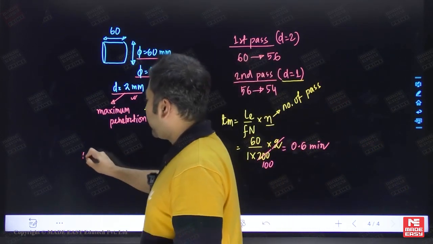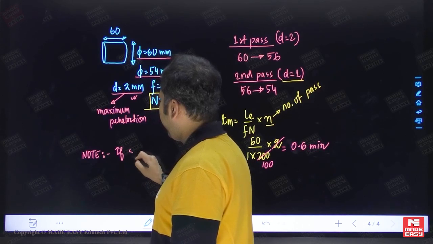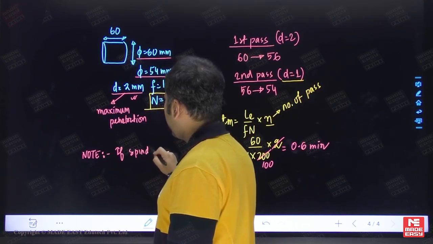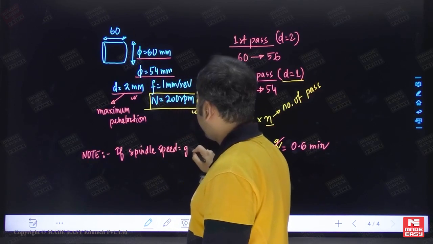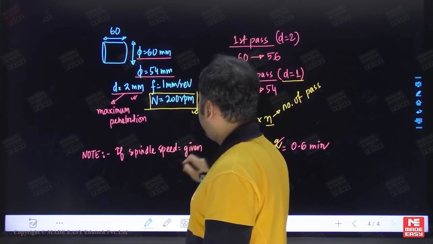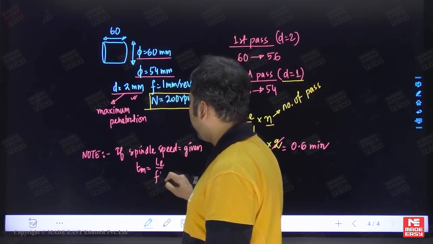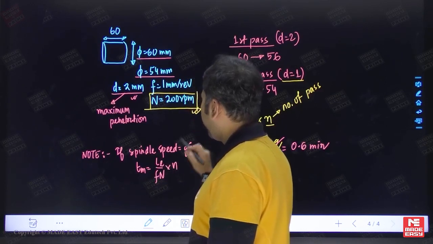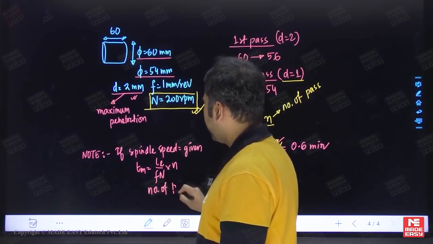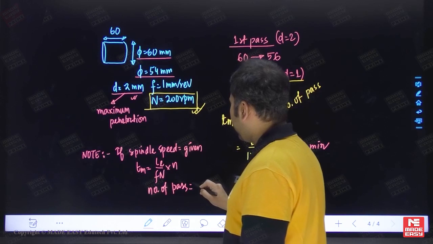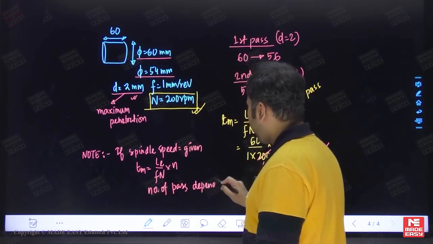So another note condition appears here. It says that if spindle speed is given to us in the question, then the machining time equation is L effective upon Fn into number of pass, and this number of pass depends on depth of cut.